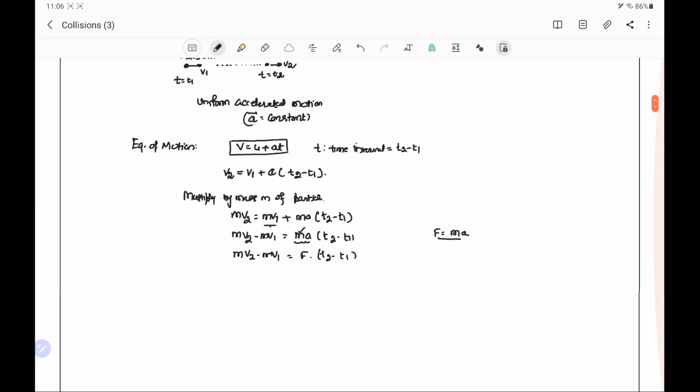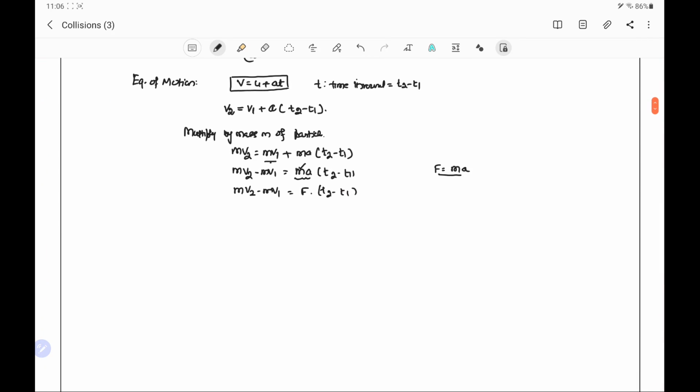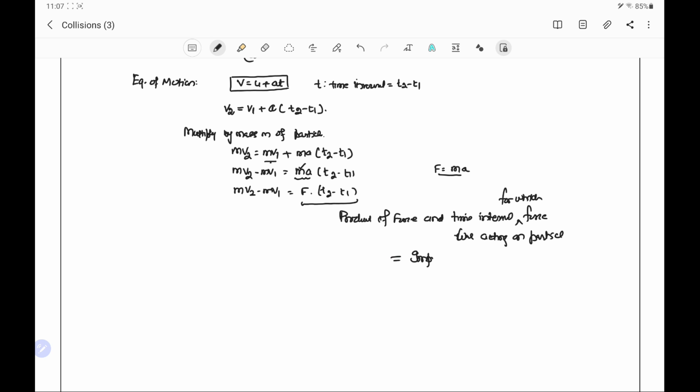Now we analyze this equation. Here, the right hand side is the product of force and the time interval for which the force was acting on the particle, and this is called the impulse.